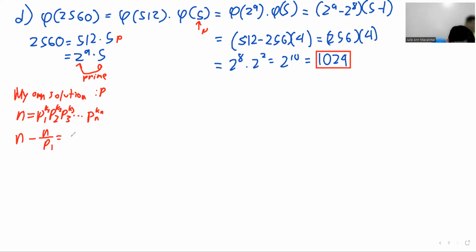Let n minus n over its first prime be y. Then it's sort of the Euclidean algorithm, but for the totient function. You keep doing the same steps, and then you will use the step you got before. Be careful.